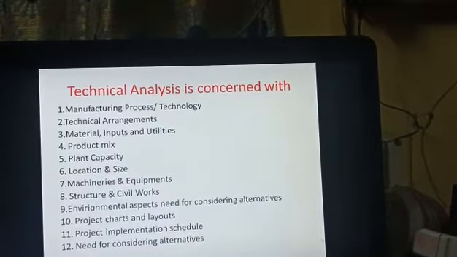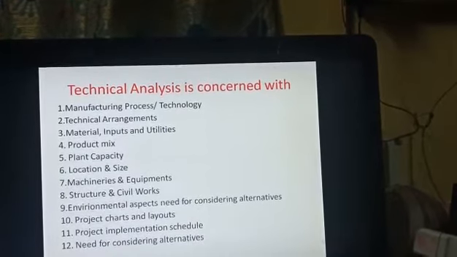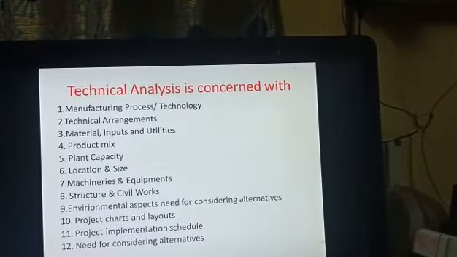Technical analysis of a project is concerned with many factors. Number one, manufacturing process and technology. Second is technical arrangements. Third, material inputs and utilities. Fourth is product mix. Fifth, plant capacity. Sixth is location and size. Seventh is machineries and equipments.